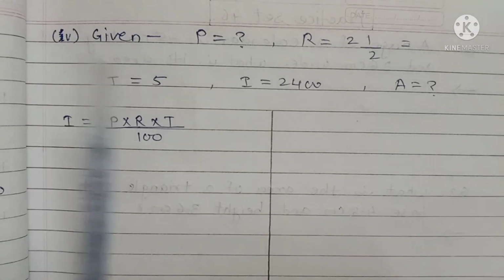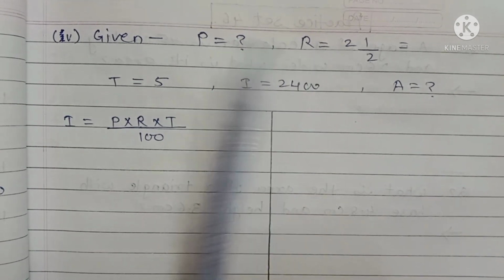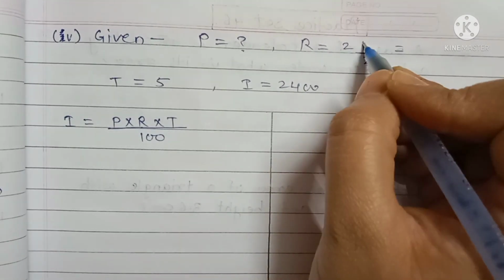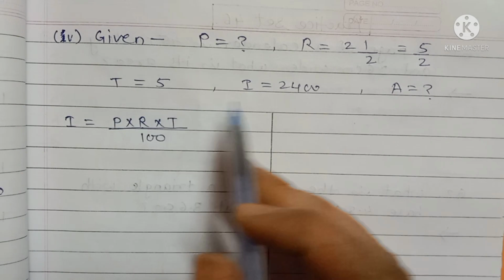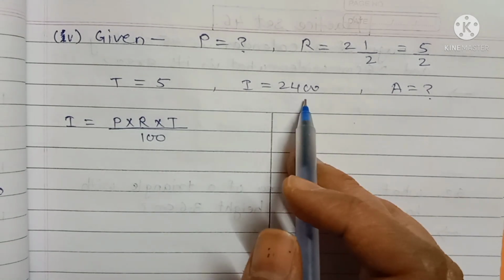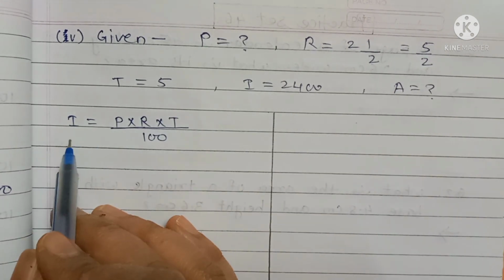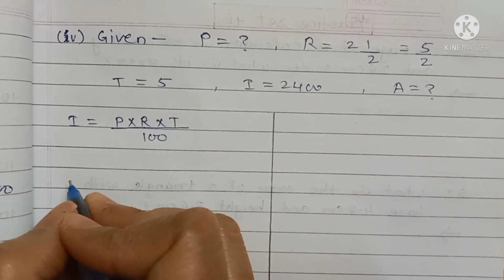Question number 5. In this, you can find the value of P. R is equal to 2 and a half. 2 2s are 4, 4 plus 1, 5. Means 5 upon 2. T is equal to 5. I is equal to 2,400. And find A. First, we will use this formula. I is equal to PRT upon 100.